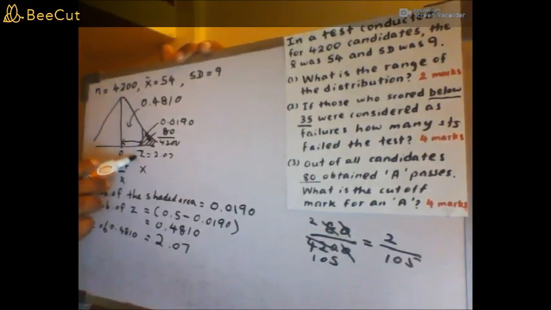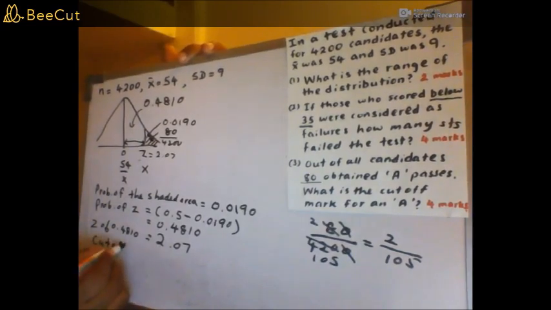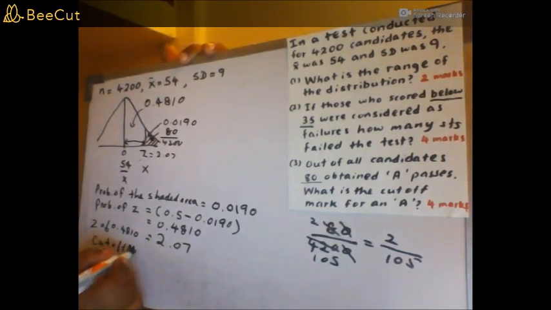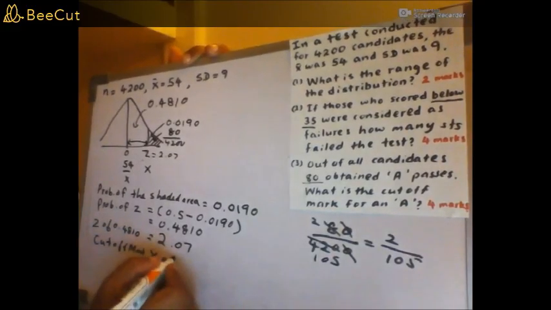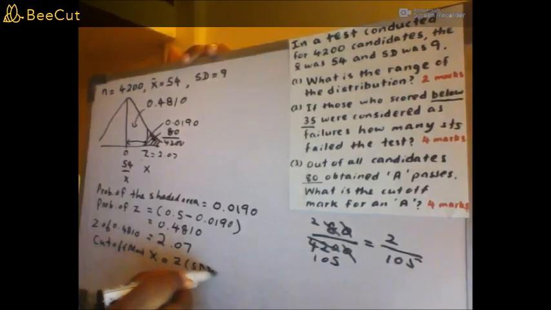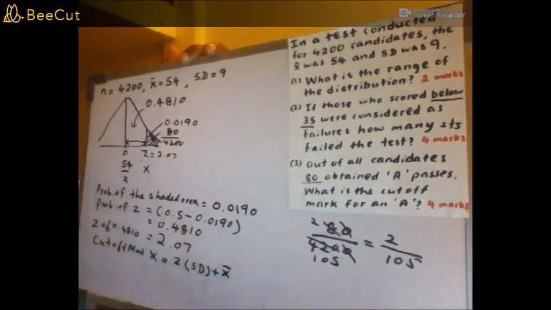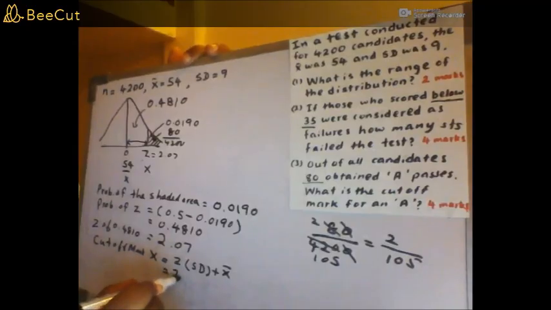So if we know the z value, how to get the x? What's the formula? We have to find the cutoff mark. X equals z into SD plus x bar. So our z is 2.07, SD is 9, x bar is 54.